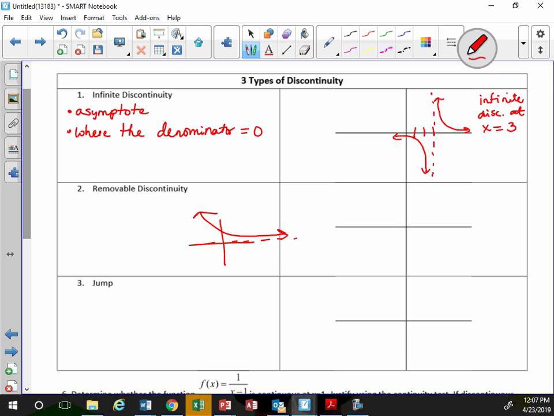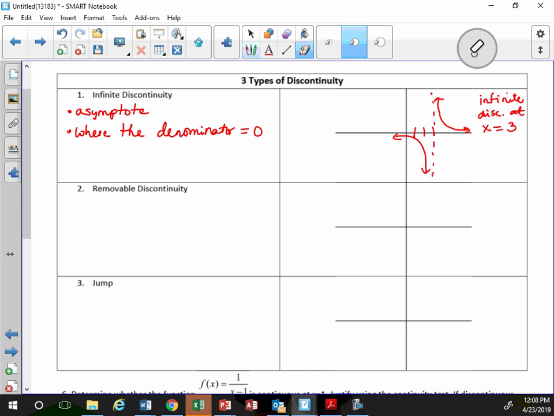The horizontal asymptote has nothing to do with the discontinuity. My friend tried to get us saying you can cross a horizontal asymptote. Discontinuities have to do with your domain, not your range. Okay.